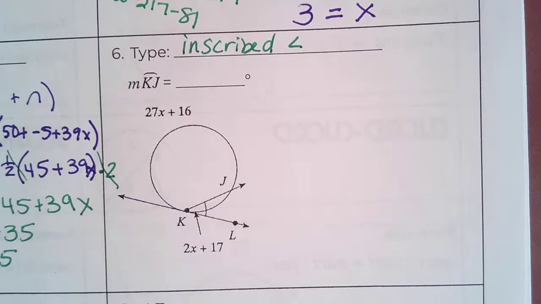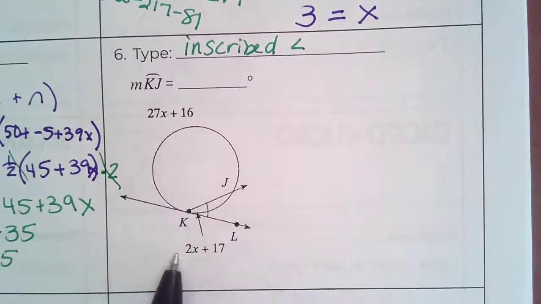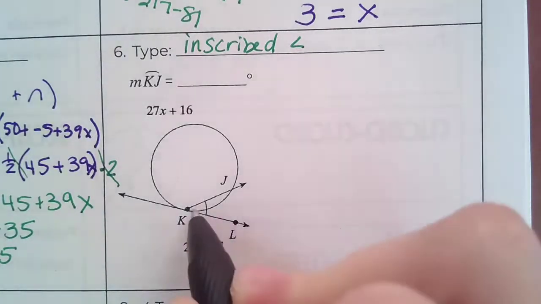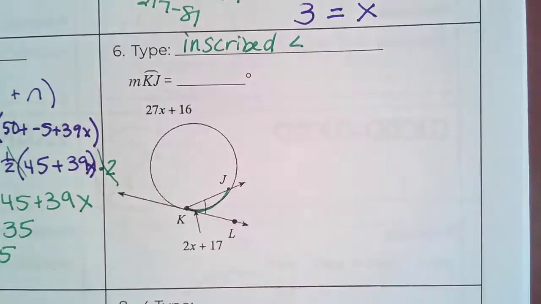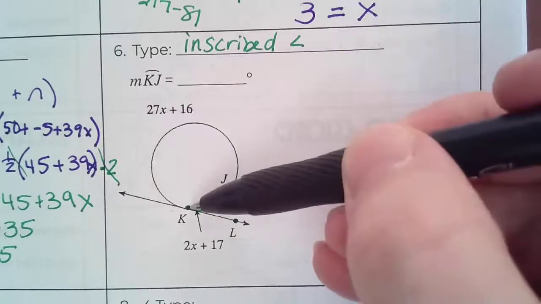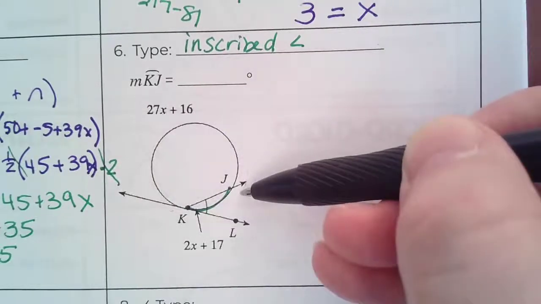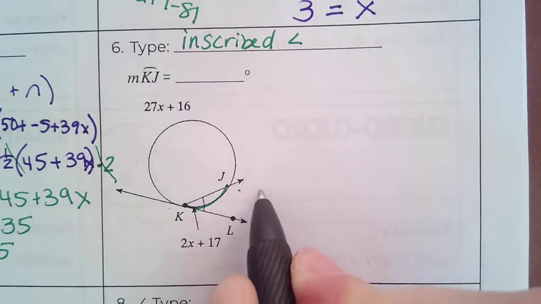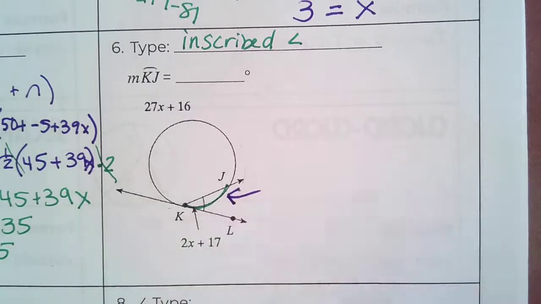So angle K here is 2x plus 17. It is opening up to arc KJ. I don't have a ton of information other than I have this major arc from K all the way around to J. So what I have to do is kind of manipulate things here a little bit. I need to find out what x is.